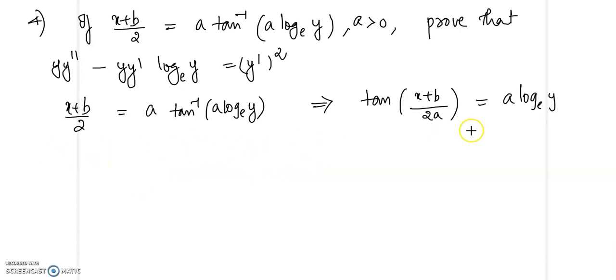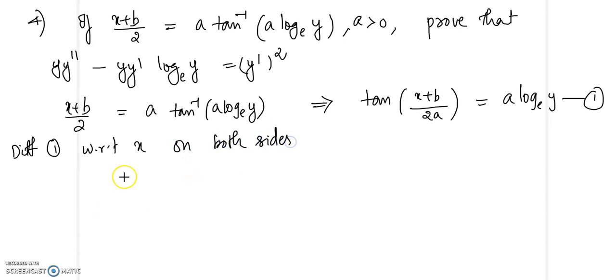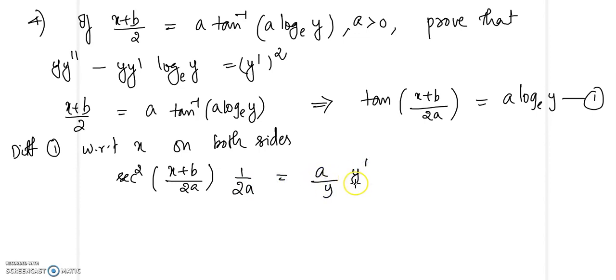Now let us differentiate on both sides of the equation. Call this equation 1. So differentiating 1 with respect to x on both sides, we are going to get the derivative of tan, sec square of x plus b by 2a. The derivative of x plus b by 2a is 1 by 2a. So that will be equal to a by y into y dash.